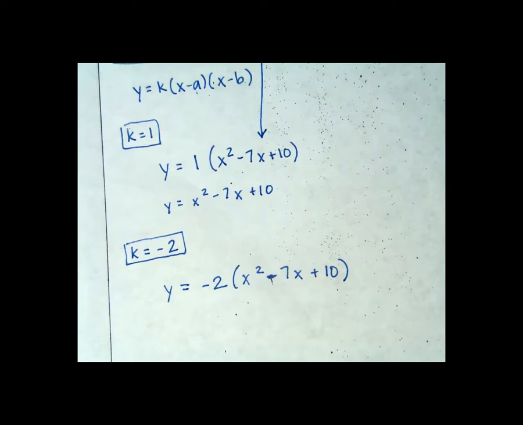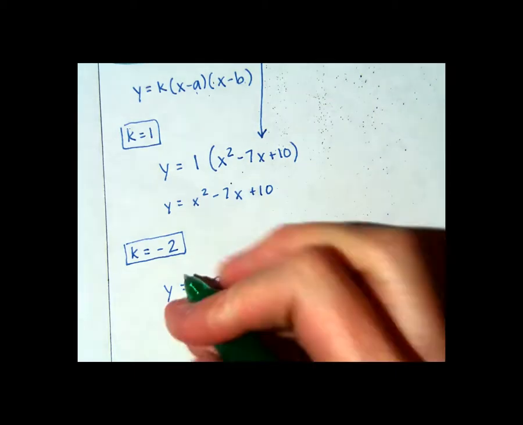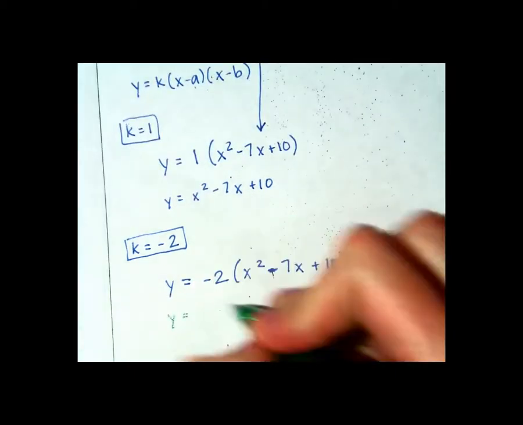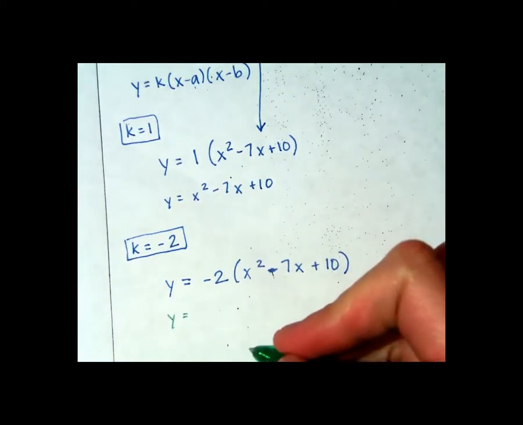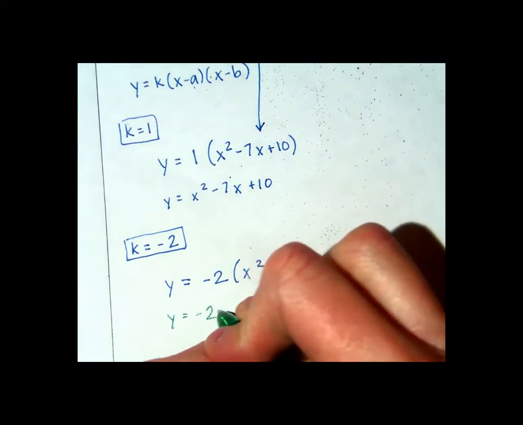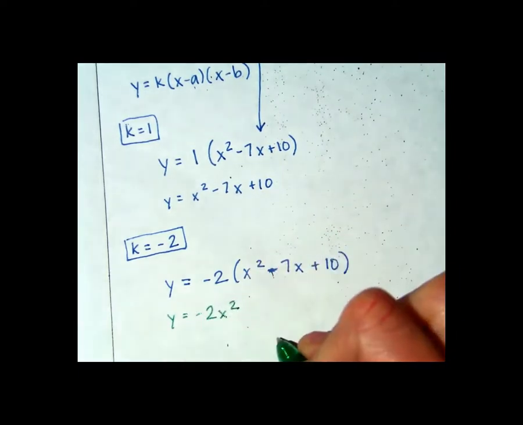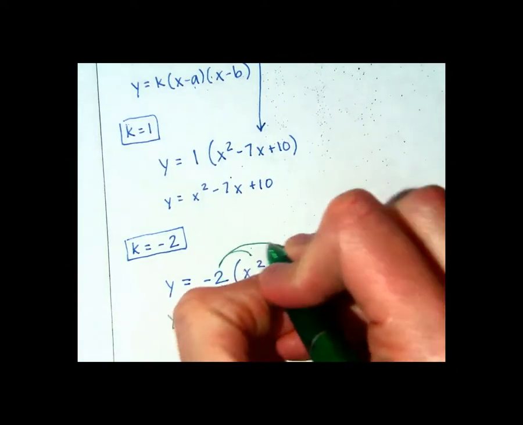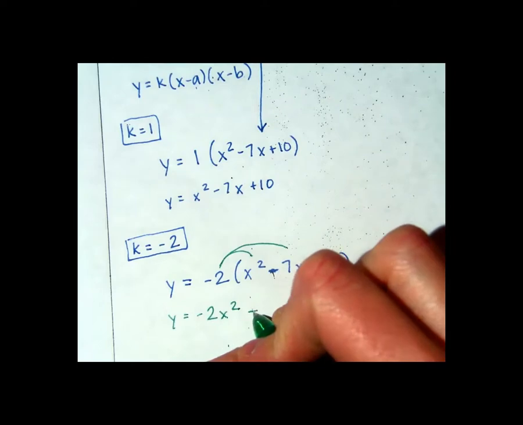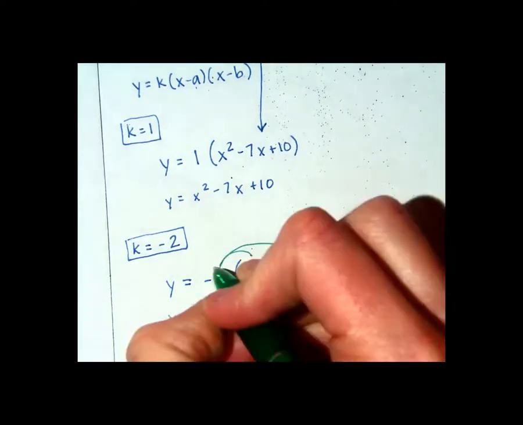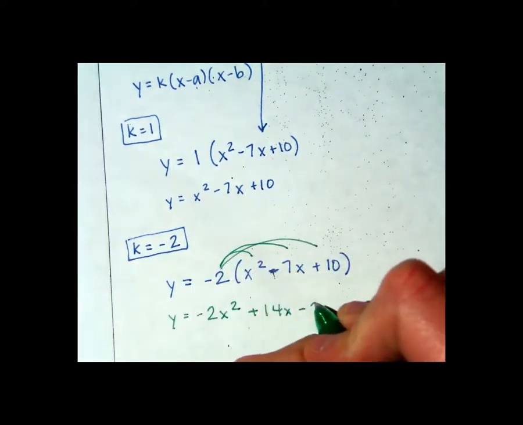Alright, when you distribute a negative 2, you have y equals what? Negative 2x squared. Then what? Plus 14x minus 20.